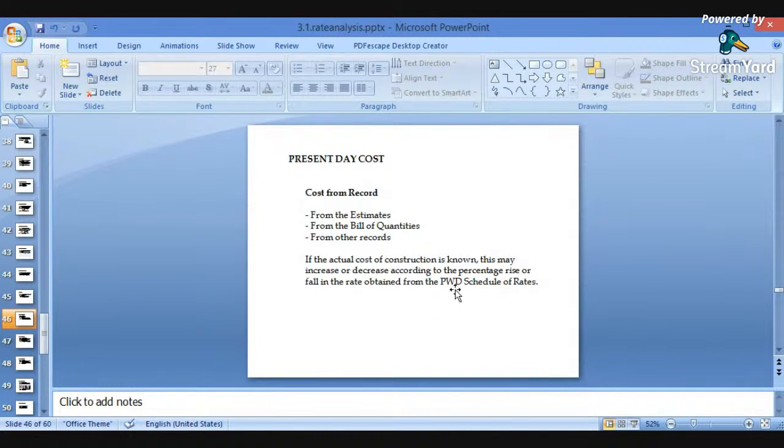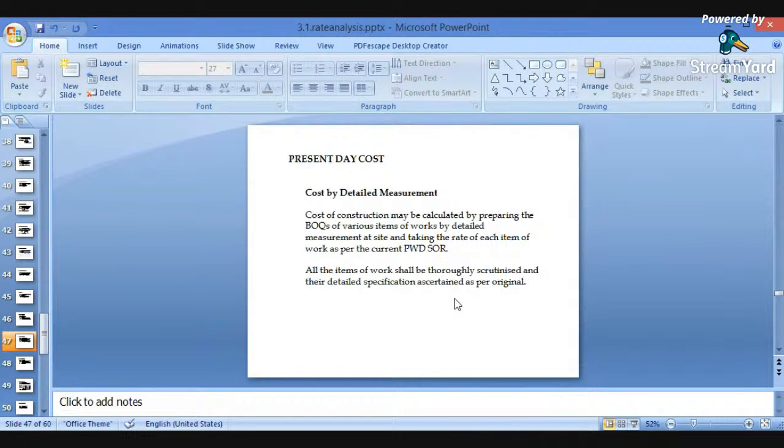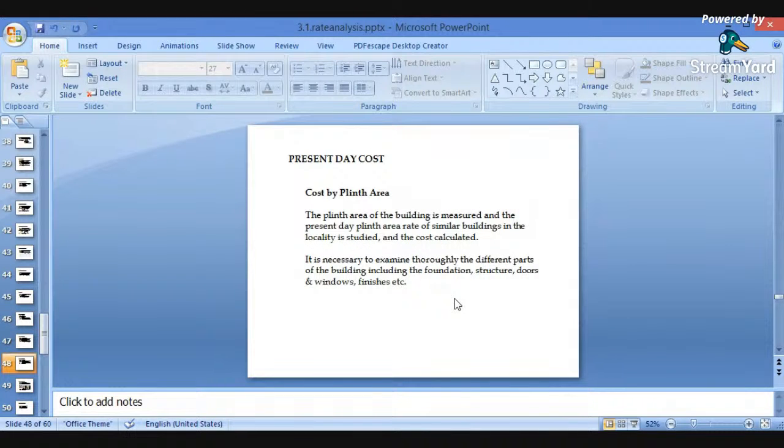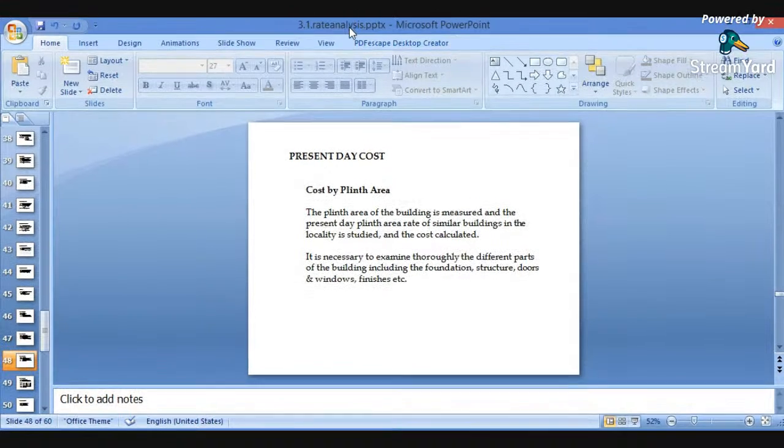Again, by the plinth area method, which we have already discussed in previous lectures, along with the different methods used to find out the cost of the building.